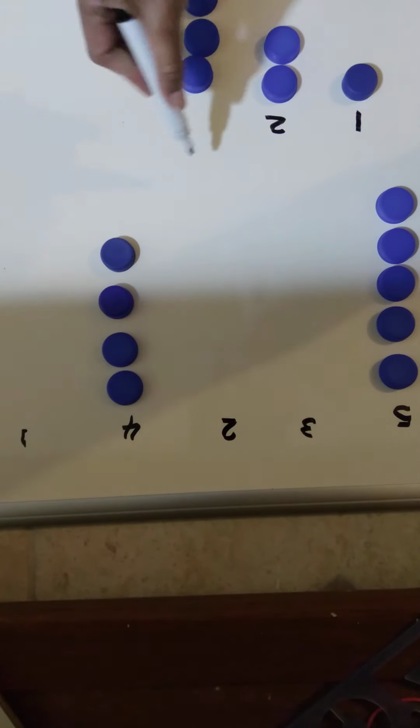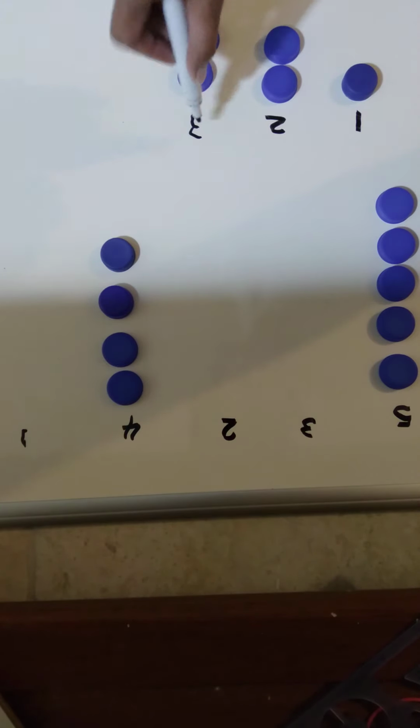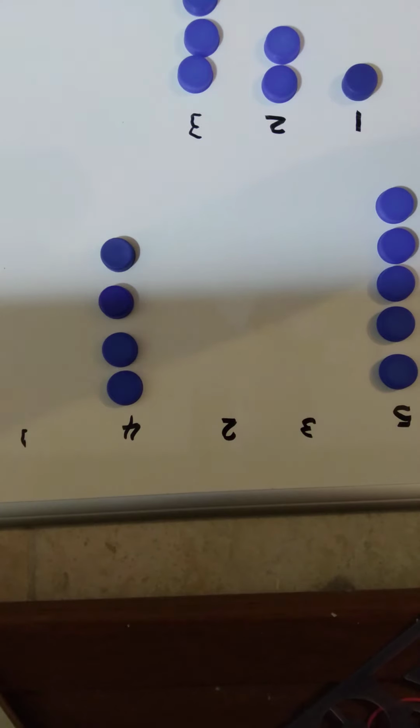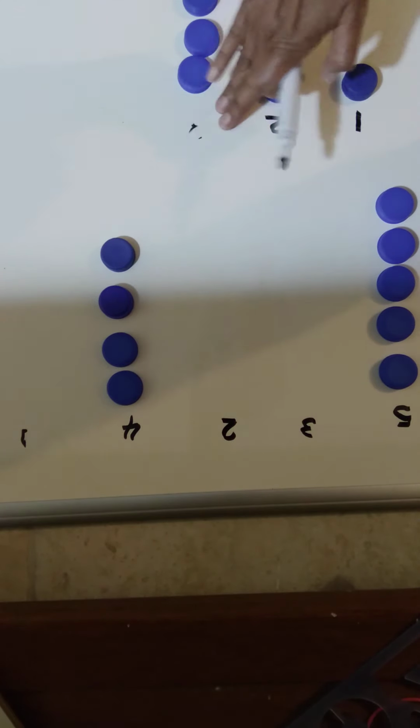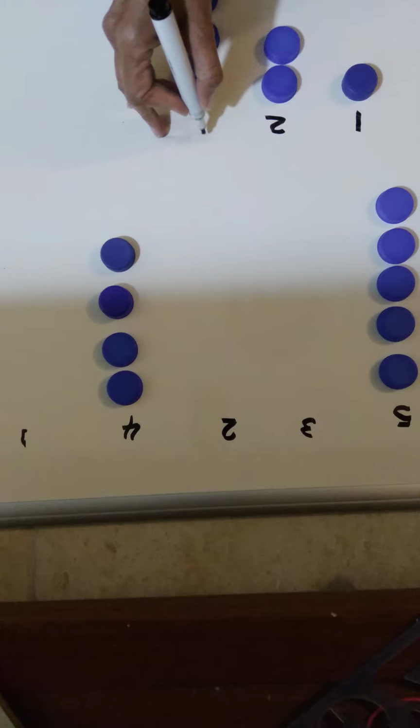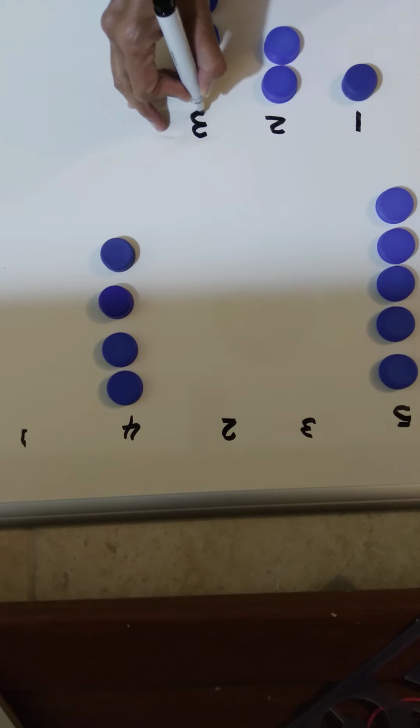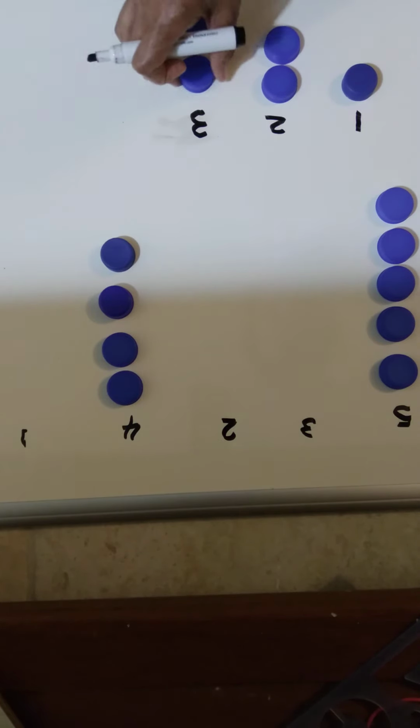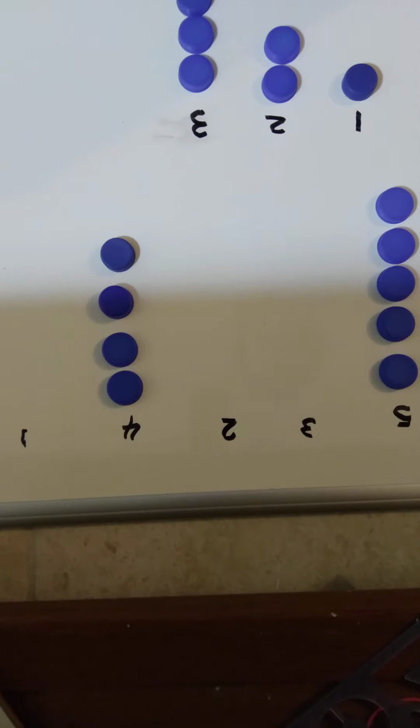So I'm going to write the number 3. If you notice as we're going this way, the numbers are getting bigger or more. This is 1, only 1. Then 2 is a little bigger than 1. Then 3, which I didn't write too well, is a little bigger than 2. So as we keep counting, the numbers are growing.